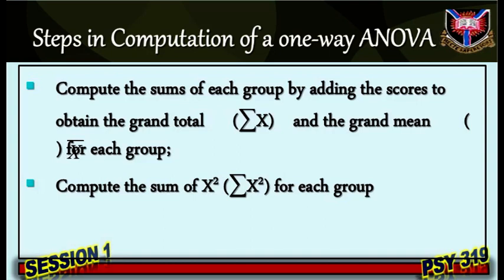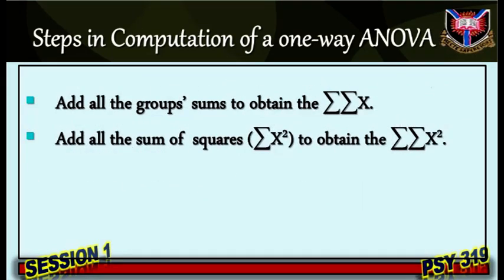Steps in computation of a one-way ANOVA include: A. Compute the sums of each group by adding the scores to obtain the grand total, summation x, and the mean, x bar, for each group. B. Compute the sum of x squared, summation x squared, for each group.